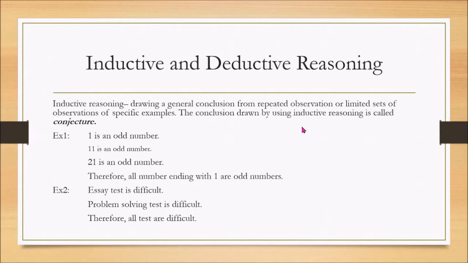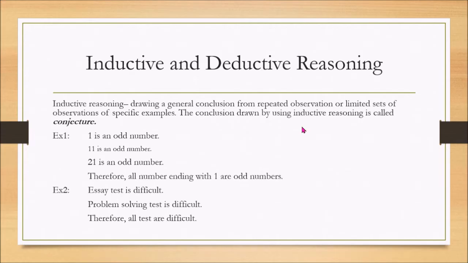For example, number one, let's have a very specific statement: 1 is an odd number, 11 also is an odd number, and 21 is an odd number. So the conclusion is, therefore, all numbers ending with 1 are odd numbers. So that is an example of inductive reasoning.